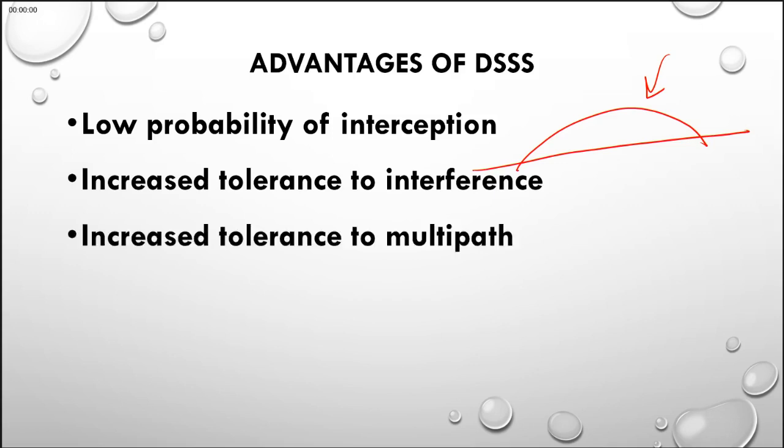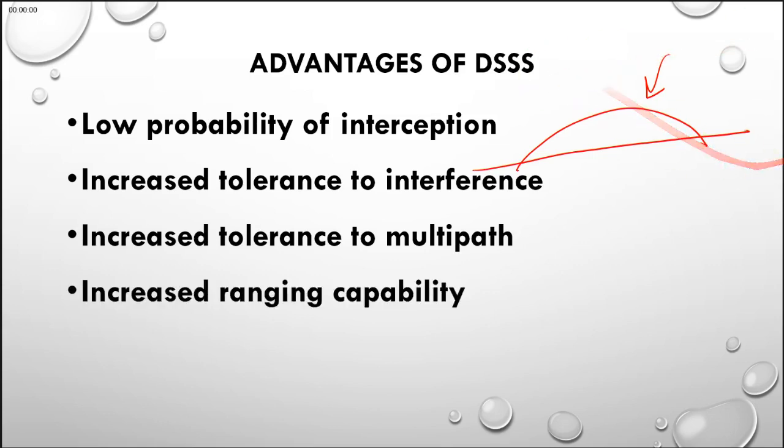Increased tolerance to multipath is another advantage offered by DSSS. By virtue of the increased tolerance to interference, there is also increased tolerance to multipath interference, and therefore multipath energy may be used to the advantage of improving the system performance.